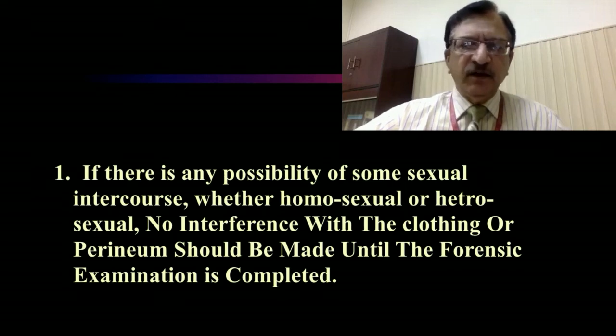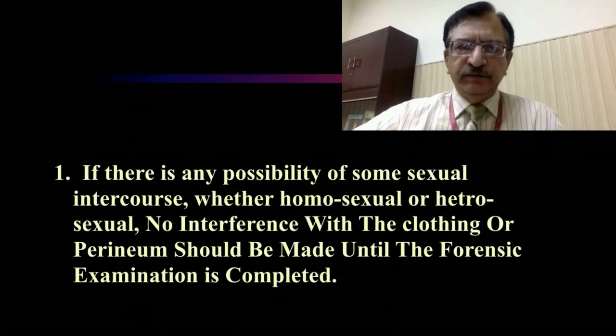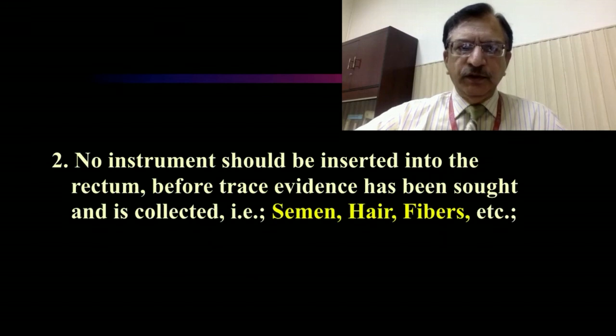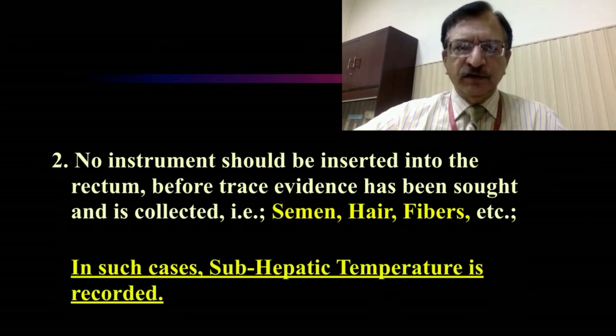That is, the rectal or vaginal temperature should not be taken if there is any allegation of sexual assault. No instrument should be inserted into the rectum before trace evidence, that is semen, hair, fiber, has been collected. Initially, examination for the sexual assault should be done.